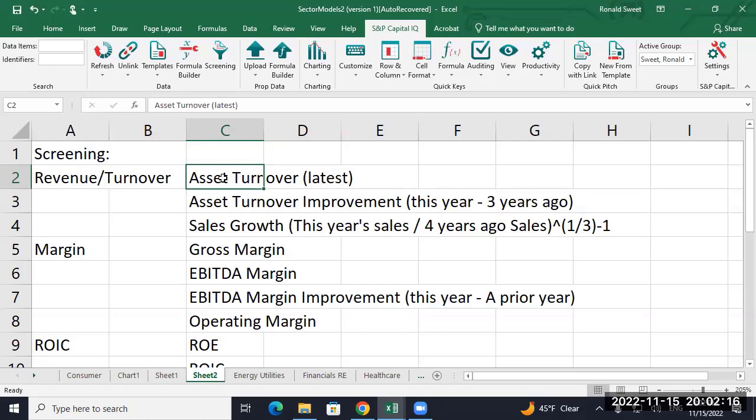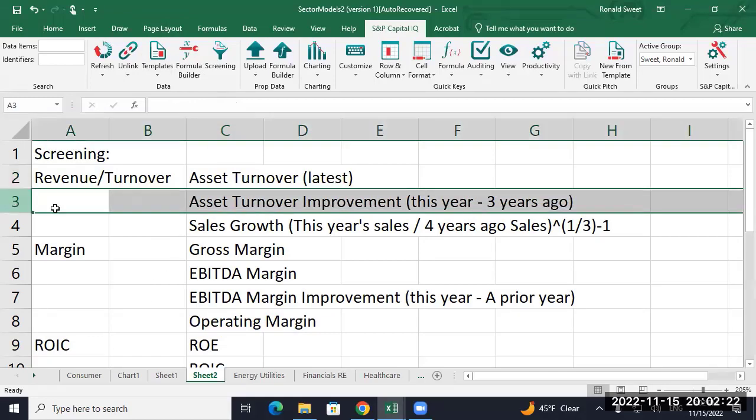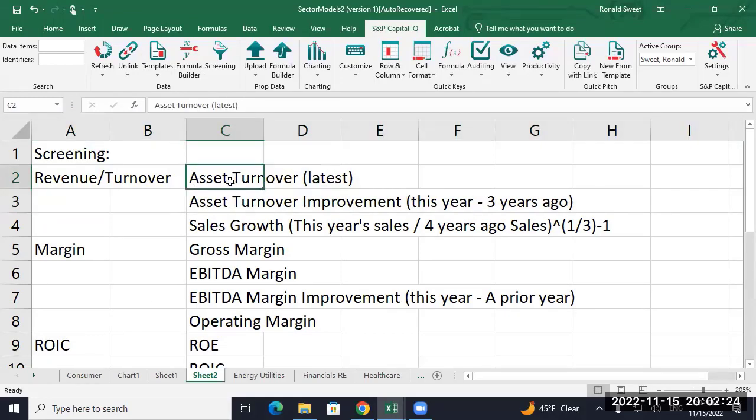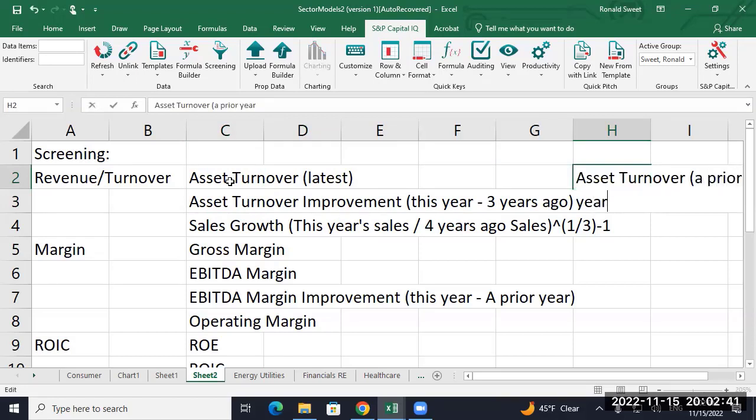Now, one thing on building these models that's extremely important is when you need two numbers like here. So here you want the current year, and here you want the prior year, but you need the prior year in order to get the difference. What you want to do is have, off on the side, way off to the right, the prior year.